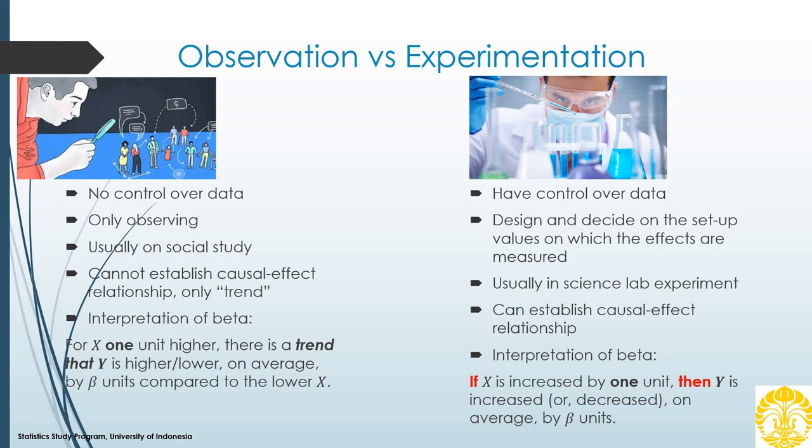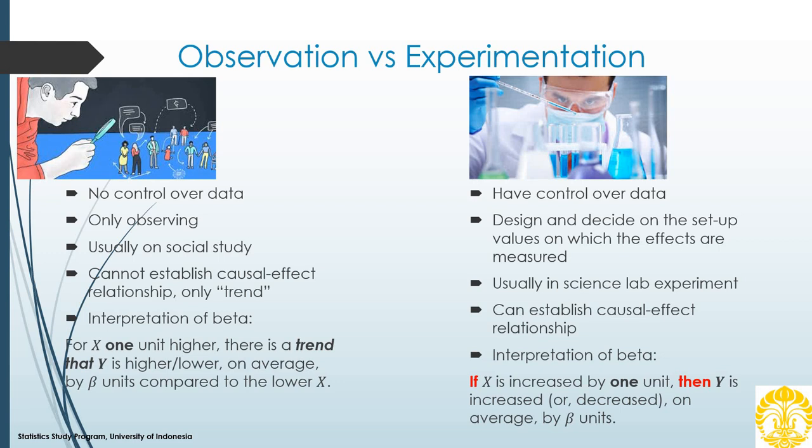For example, like I told you before, I want to check the effect of adding substance A to a mixture, and I will see the effect of the amount of substance on the speed of the interaction, or the speed of evaporation of the mixture, for example.